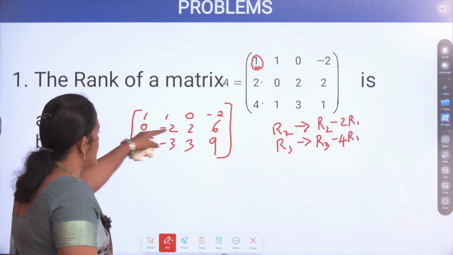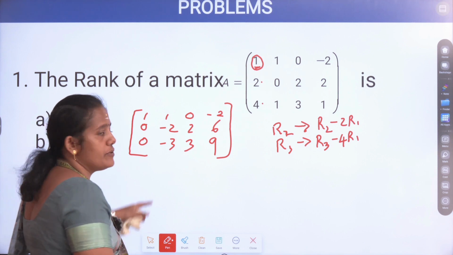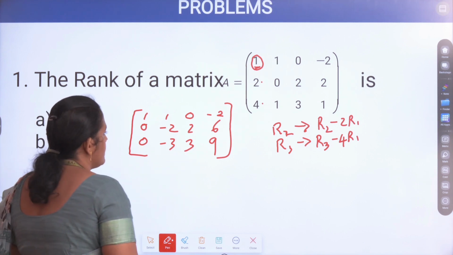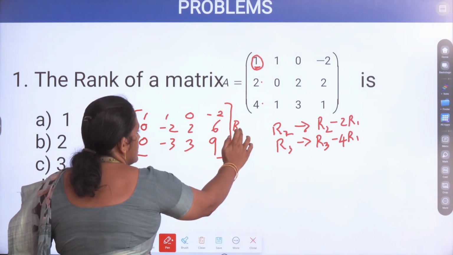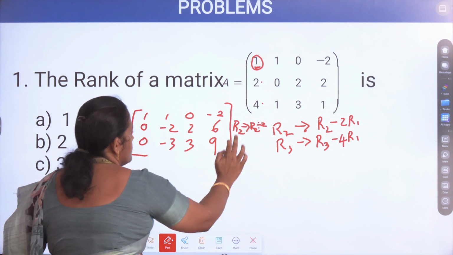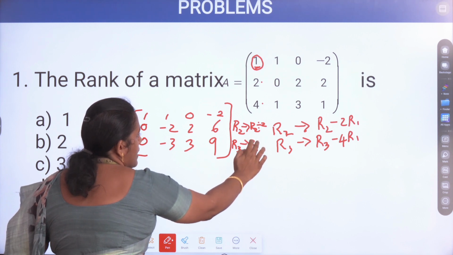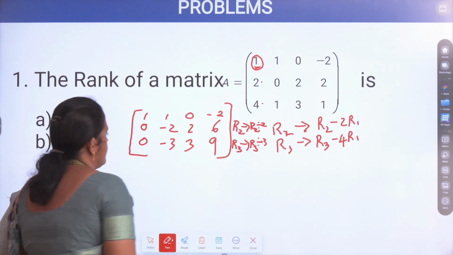See the second and third rows. The second row is divisible by 2. The third row is divisible by 3. So R2 implies R2 divided by 2, and R3 implies R3 divided by 3.